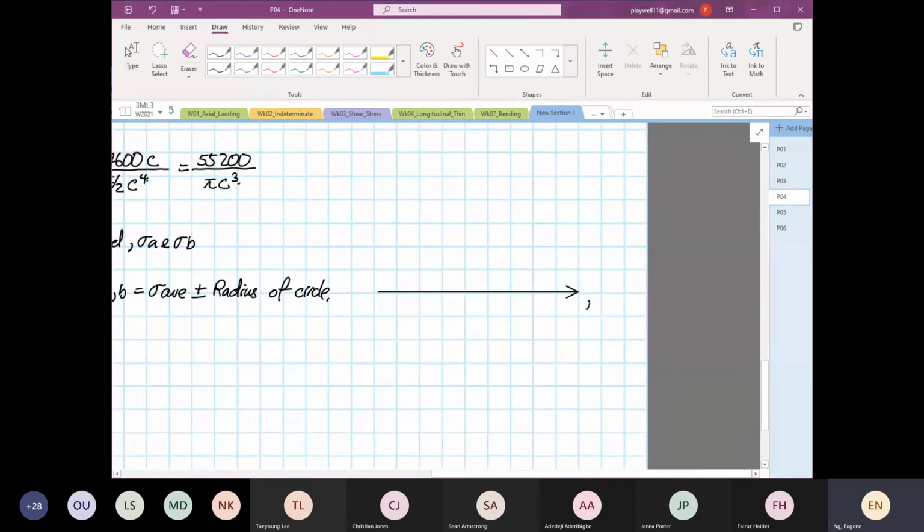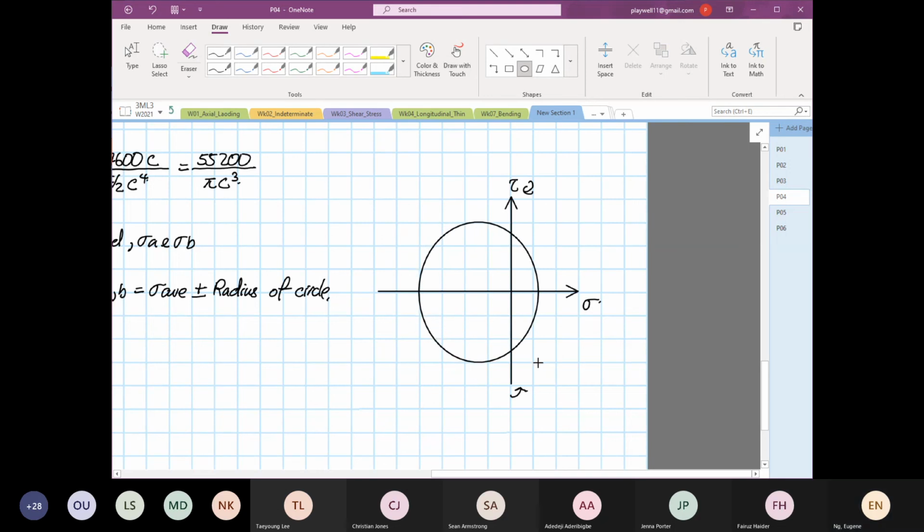So this is our normal stress. This is our shearing stress, clockwise and anticlockwise. And we also know that this is the diameter of a circle.